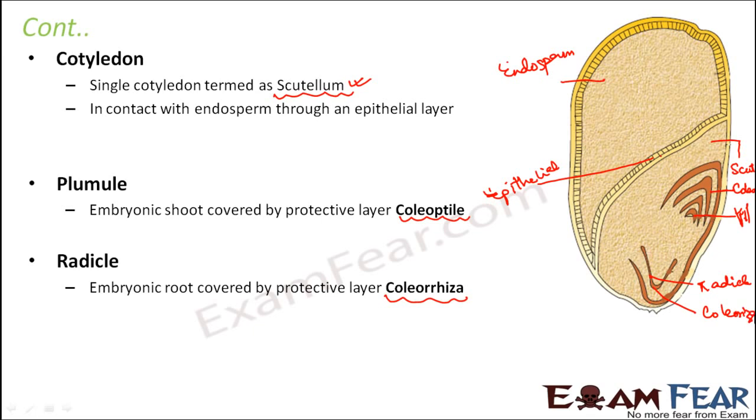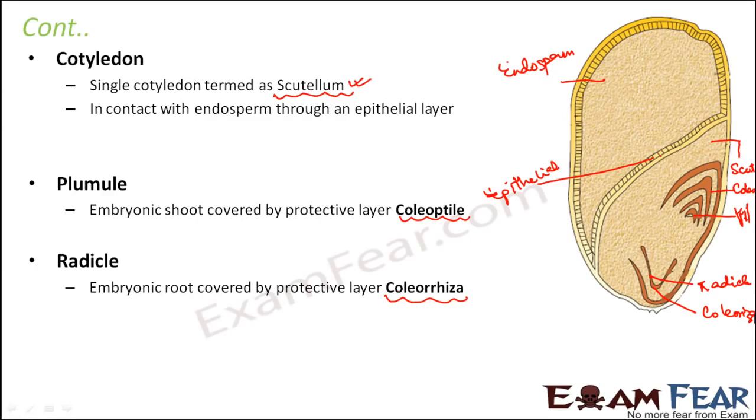Basically, whether it is a dicot seed or a monocot seed, in both cases you have one seed coat. Inside the seed coat, you have endosperm, and then you have the embryo. Inside the embryo, you have cotyledon, plumule, and radicle. It is just that in a monocot seed, there are some additional protective layers present, like the aleurone layer, the coleoptile for the plumule, and the coleorhiza for the radicle.